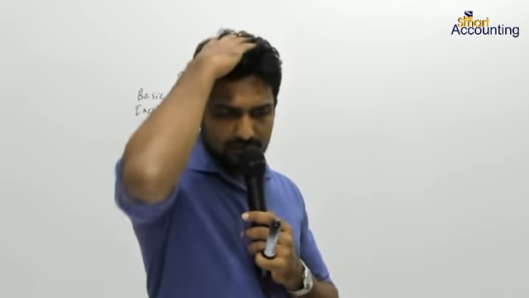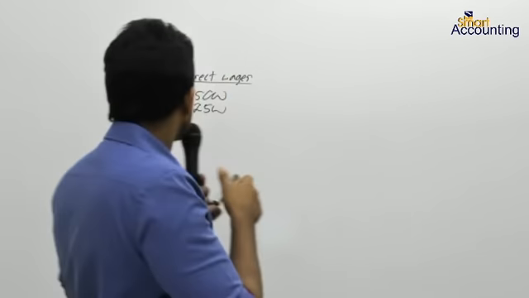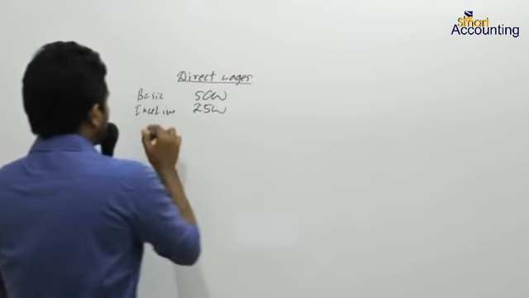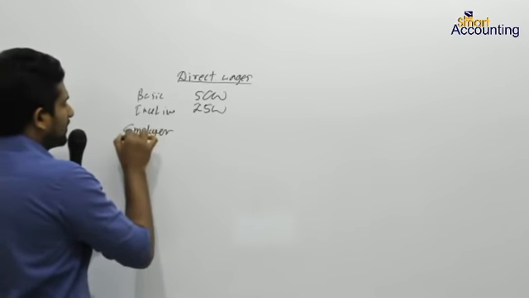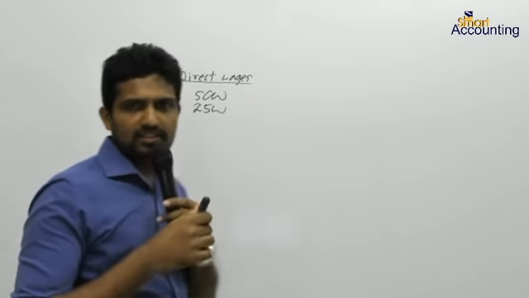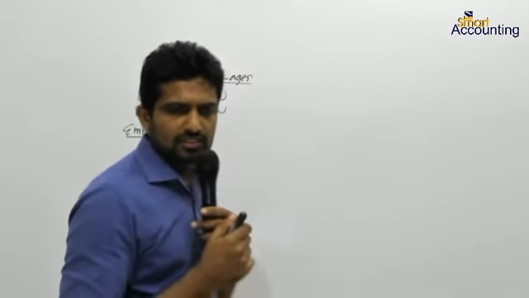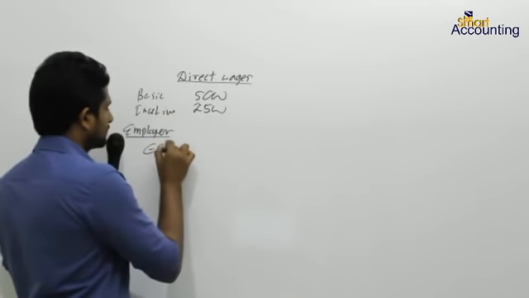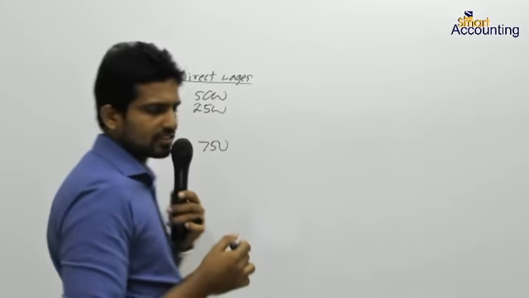So the direct wages: the basic salary plus incentives, but don't take the bonus, but take the employer's contributions. The direct salary will contain even the employer's EPF and ETF. 750, EPF, ETF 150.